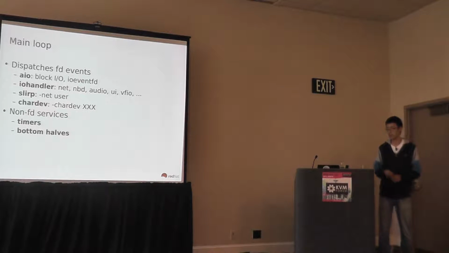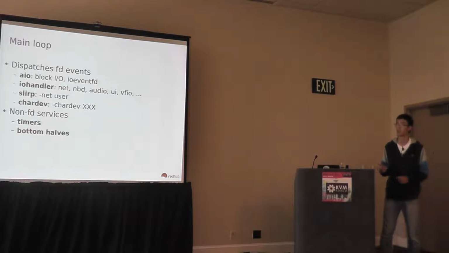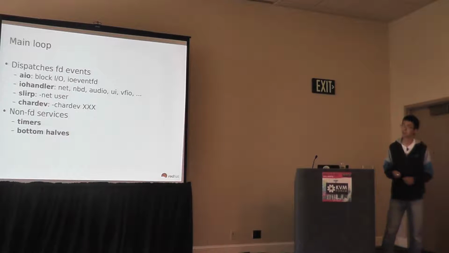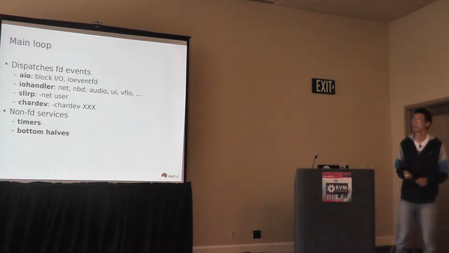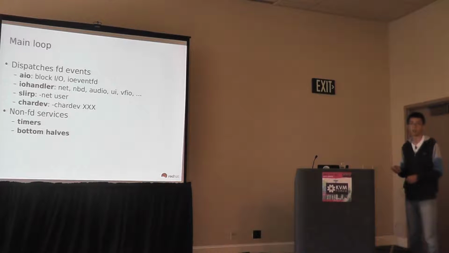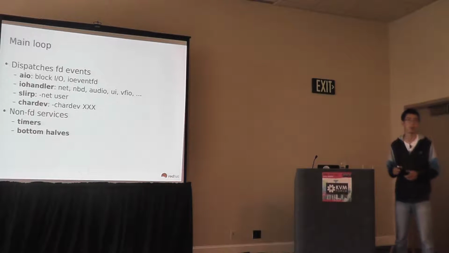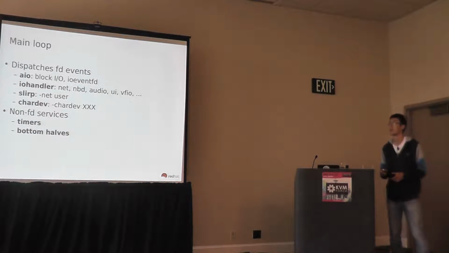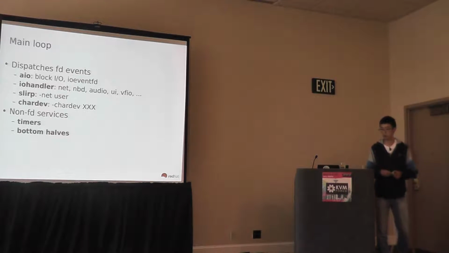This is a legacy file descriptor handler interface we have inside QEMU. And it still works with the net subsystem, the NBD server, the audio subsystem, UI, VFIO, and so on. The first, AIO, and the second, I/O handler, have quite a few things in common because they both watch for events for certain file descriptor sets with a similar interface.